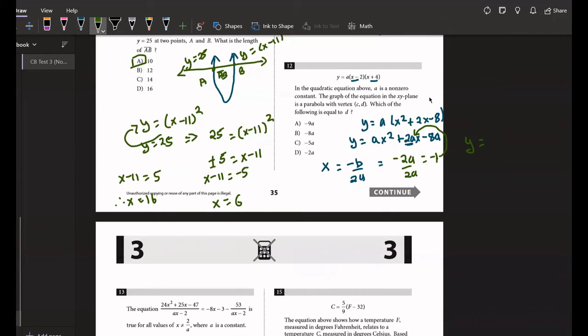So y would be a times negative 1 squared plus 2a times negative 1 minus 8a. So y would be a minus 2a minus 8a, which is a minus 10a, which is minus 9a, or negative 9a. That is your answer, right?